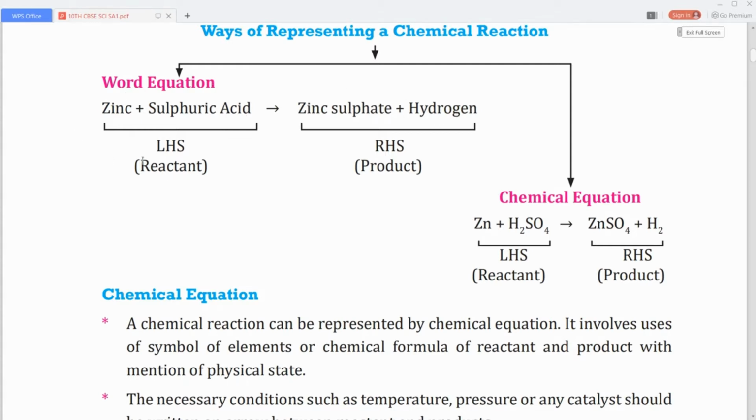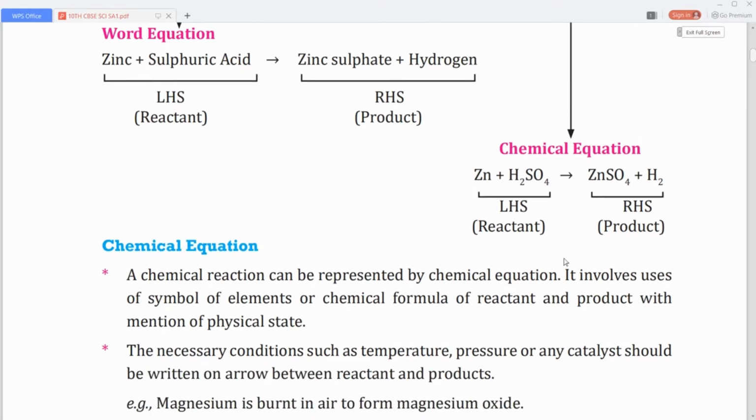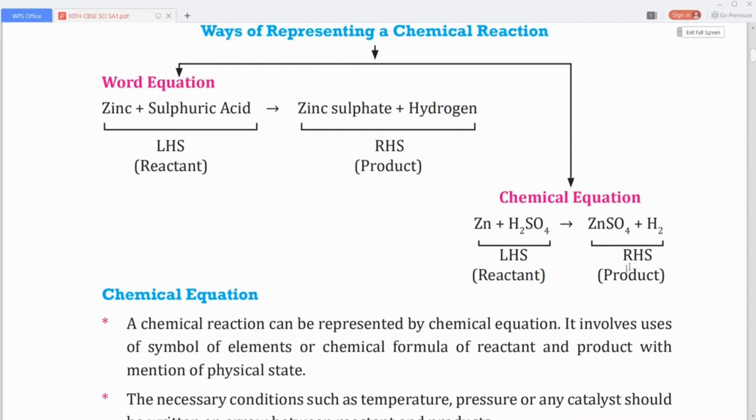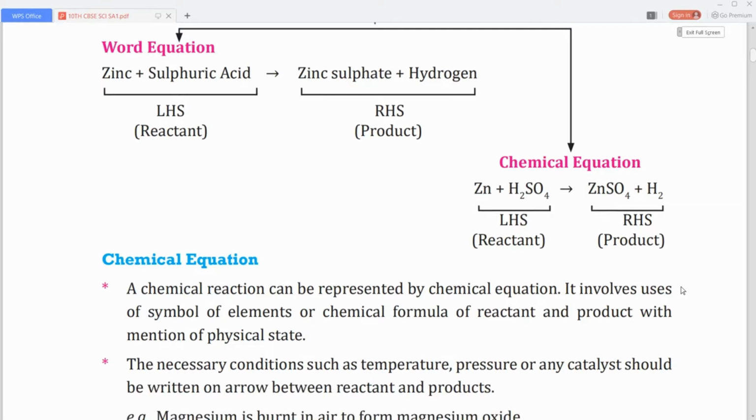So on the left hand side the reactants are there, and on the right hand side the products are there. Now in a chemical equation, how can we write? We can write in symbolic form. So Zn, the symbol of zinc is Zn, and H2SO4 sulfuric acid gives zinc sulfate ZnSO4 plus hydrogen.